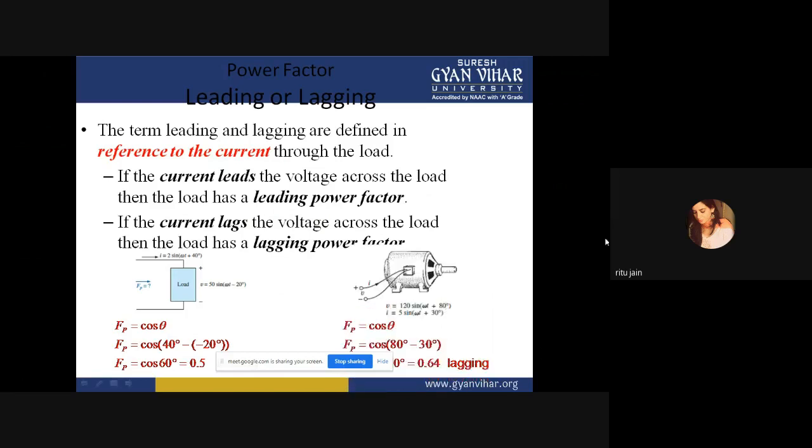Now if there is a motor with voltage V equal to 120 sine omega t plus 80 degree, and I equal to 5 sine omega t plus 30 degree, then Fp is equal to cos theta, that is cos of 80 degree minus 30 degree, and cos 50 degree is equal to 0.64.